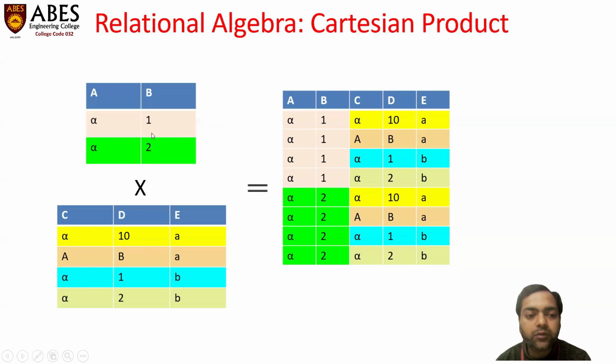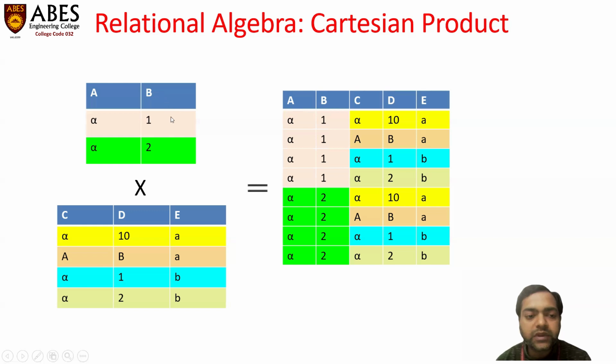So here we have two tuples and four tuples, so in the resultant relation we have a total of 8 tuples. For the number of columns, we have two attributes here and three attributes here, so in total m plus n, which means 5 attributes, in this particular order.